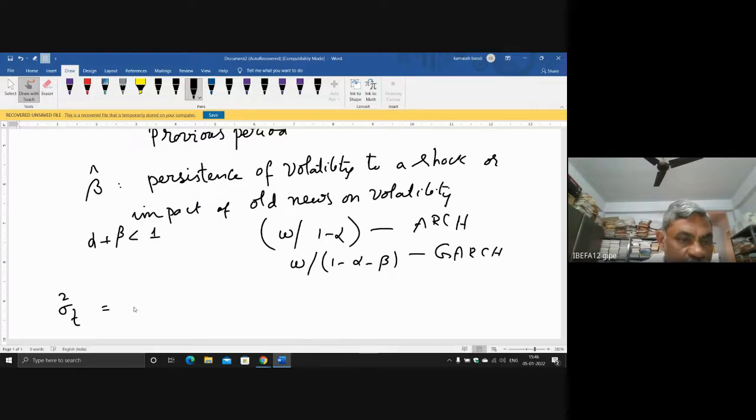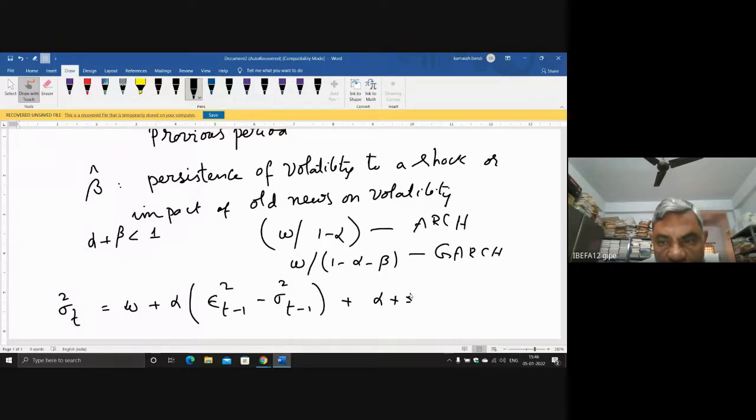So the conditional variance equation may be slightly rewritten, with some manipulation, as omega plus alpha times epsilon t minus 1 square minus sigma square t minus 1, plus alpha plus beta times sigma square t minus 1. It is simply from the previous equation, you make some adjustment.